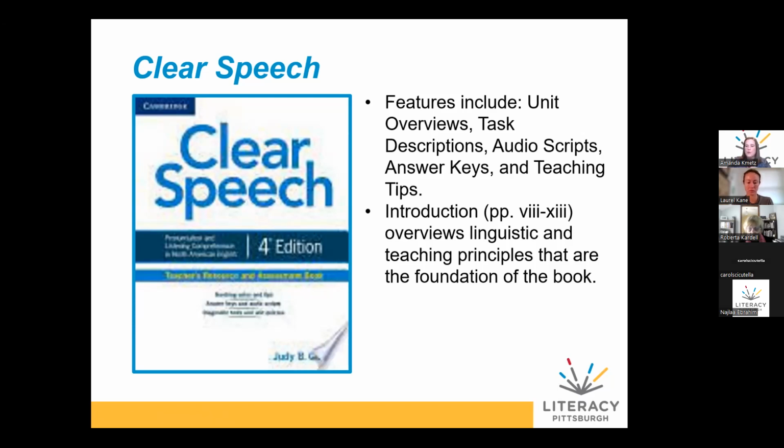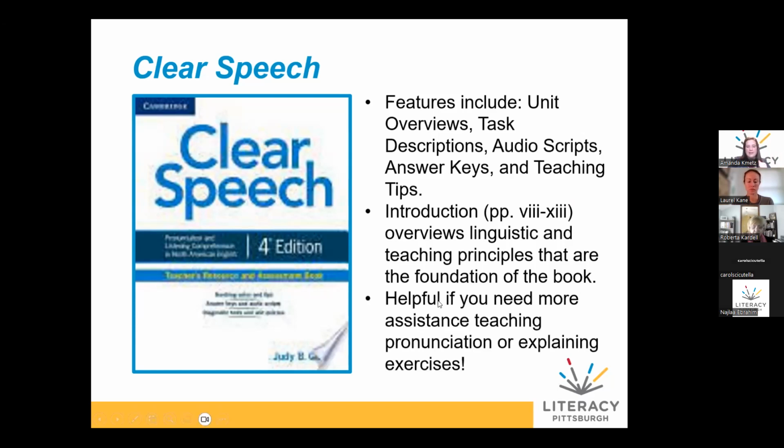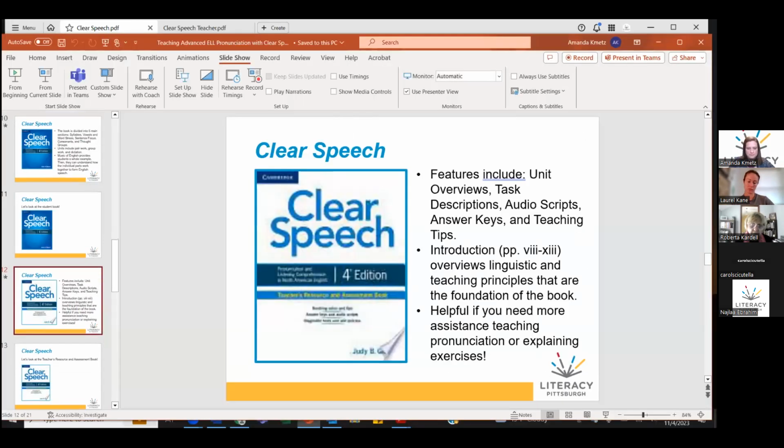It overviews linguistic and teaching principles that are the foundation of the book. And again, that online access to textbooks has the link to the instructor guide on there as well. It's helpful if you need more assistance teaching pronunciation or explaining some of the different exercises.